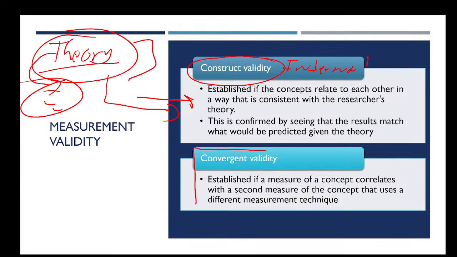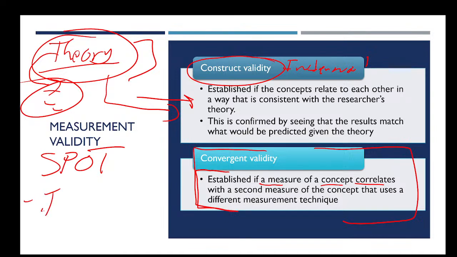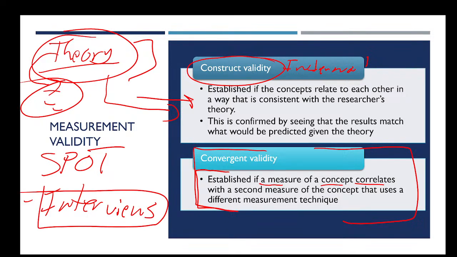So convergent validity. Basically, it happens if a measure of a concept correlates with a second measure of the concept that uses a different measurement technique. Let's say, again, we go back to professor performance, and we had our spot. And then we did, say, interviews with students of particular professors, in a world where we have endless time and resources to interview students.